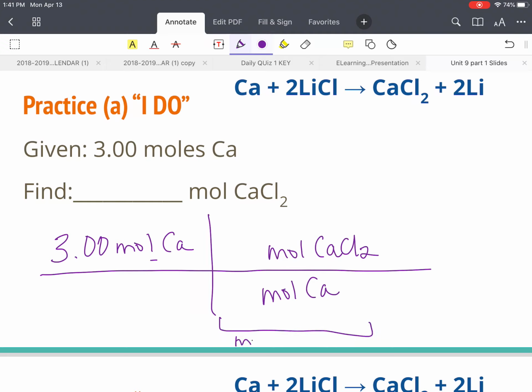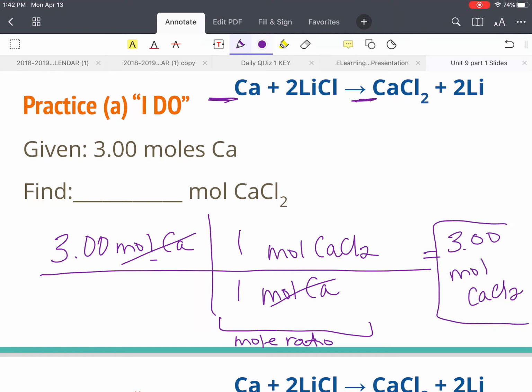Right here is where I'm going to put that mole ratio. How many moles of calcium do I have in my equation? I just have 1. How many moles of CaCl2? I just have 1. If I type that in my calculator, these cancel, and I end up with 3 moles calcium chloride. That is my final answer.